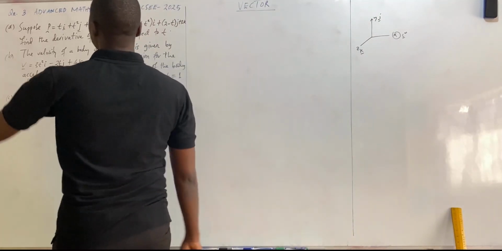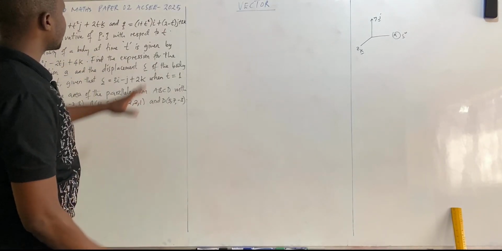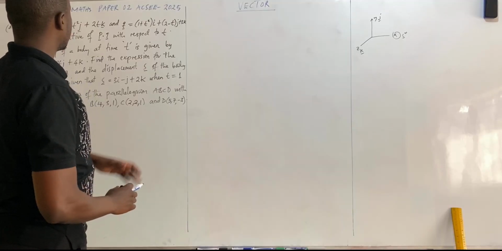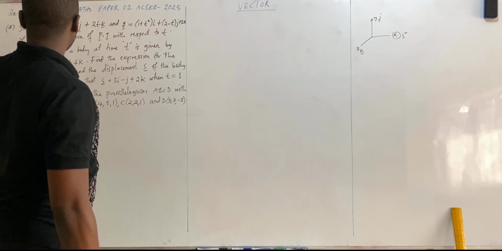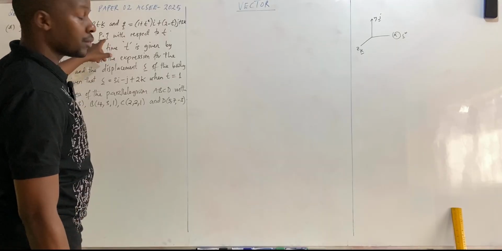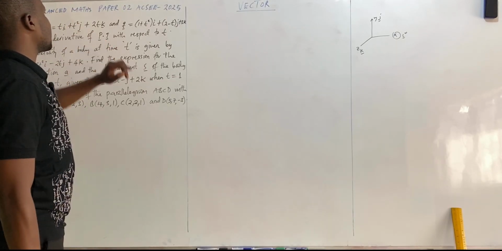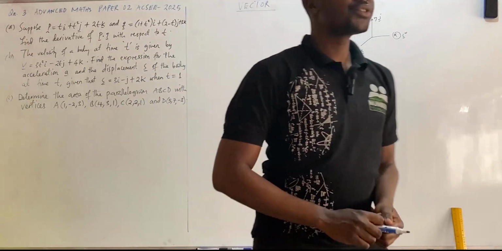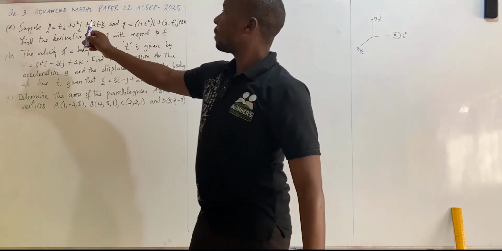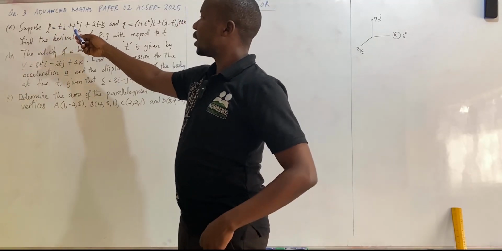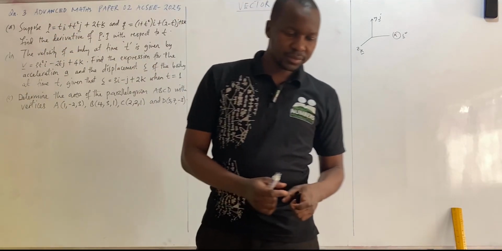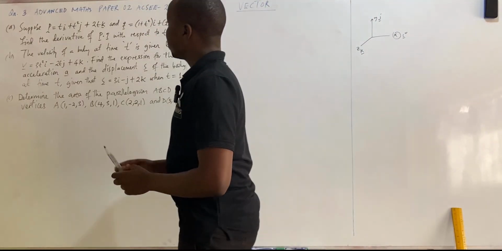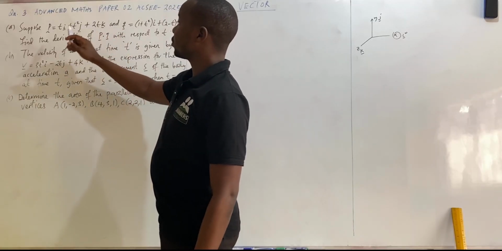Now, you are given vectors P and Q, as you can see, with these coefficients. What we are told here is to find the derivative of the dot product of the given vectors P and Q with respect to T. It means when we change these vectors from unit form into position vector form, where we can see x, y, z, the values will contain t.